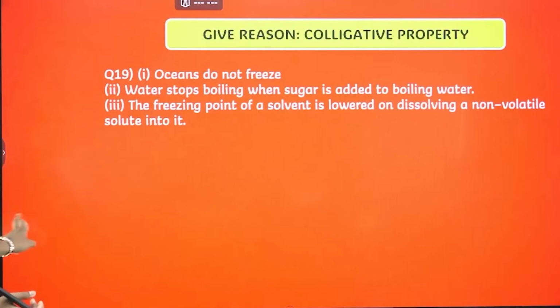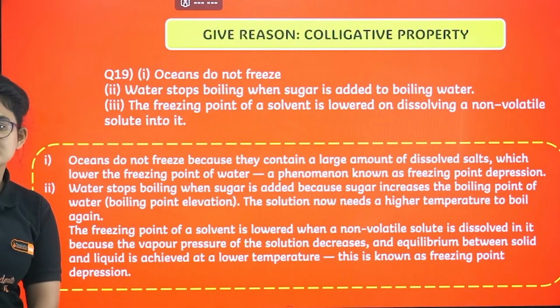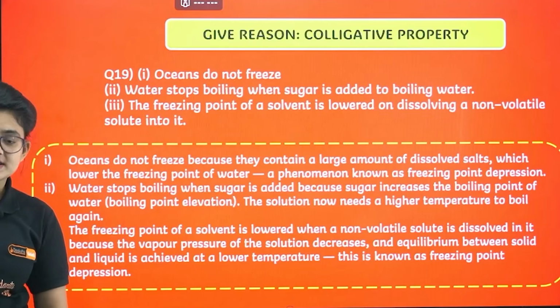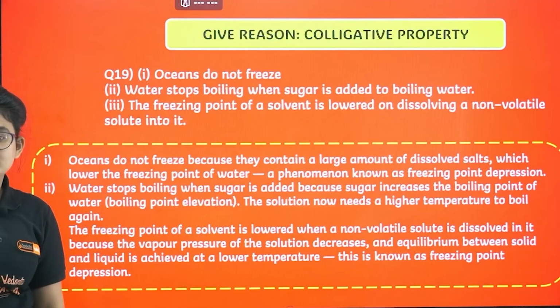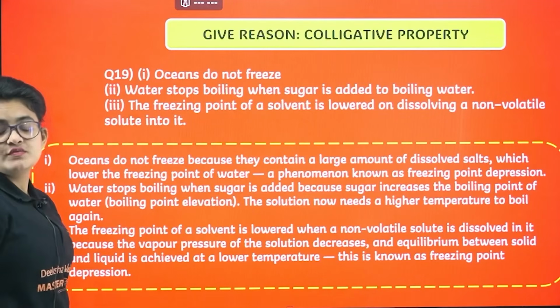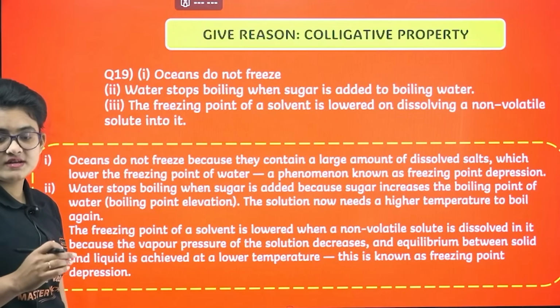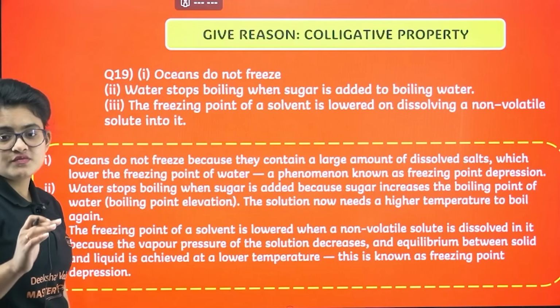Oceans do not freeze because a large amount of salt is dissolved in the sea water. Because of that, the freezing point of water decreases a lot. As a result, it usually doesn't freeze.